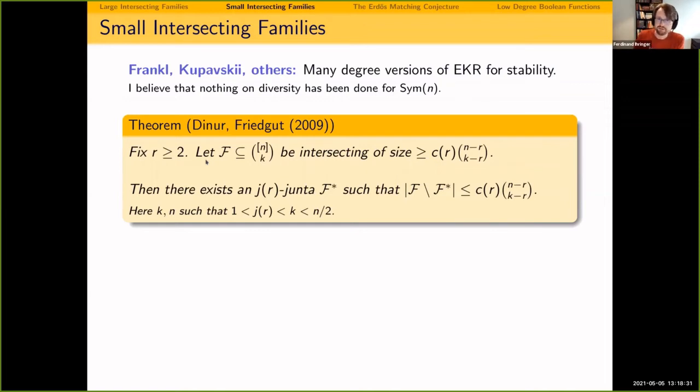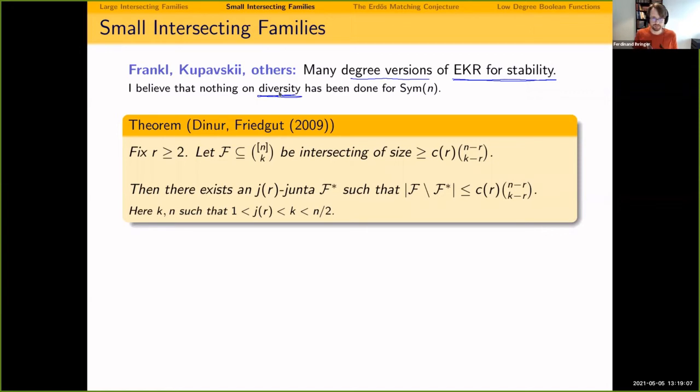For example, something I will not talk about but want to mention is that Peter Frankl and Andrey Kupavskii investigated many degree versions of stability for Erdős-Ko-Rado theorems, which often involves a notion that is called diversity, which as far as I know, has not been done for the symmetric group, for instance, or I don't know how feasible it is because it relies on techniques which might not work well for the symmetric group.